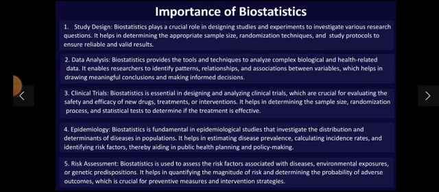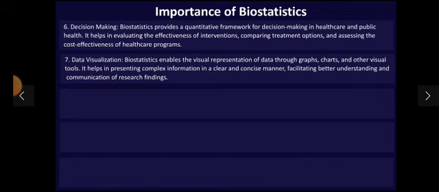Now, it is the biostatistician that can look at the trend and begin to associate, okay, this one that happened like this is as a result of so and so virus and so on, due to the data that is available to him.